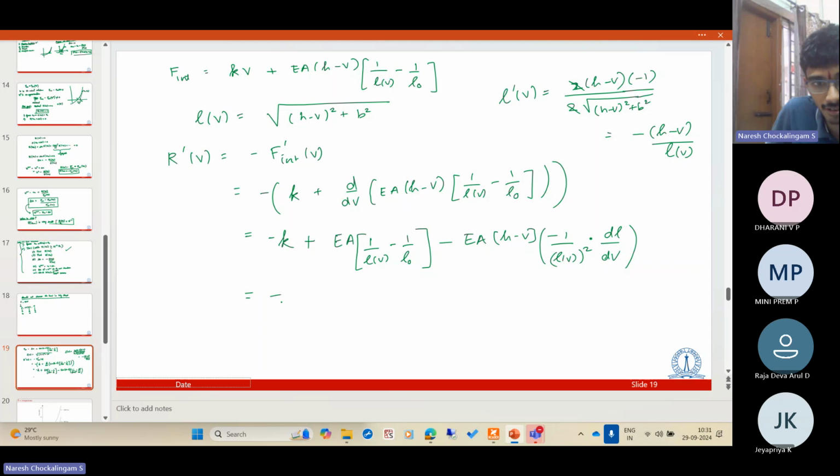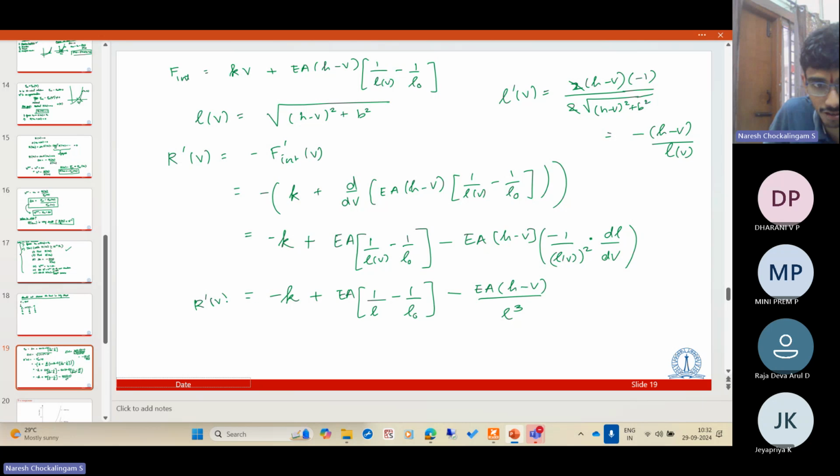So write it. So it is minus K plus EA into 1 by, now I'll drop the L of V, it's understood, 1 by L minus 1 by L naught. So you have minus here, a minus here. So you get minus EA H minus V. You get an L here and there's already an L square, so it's L cube.